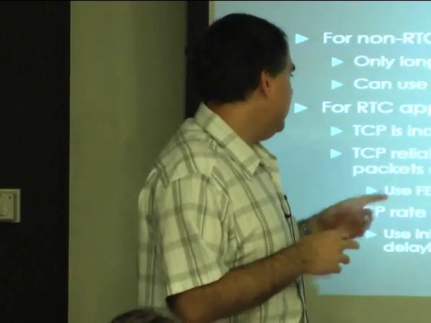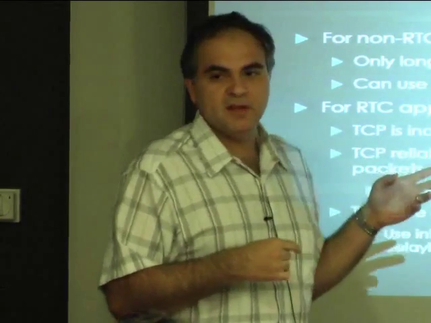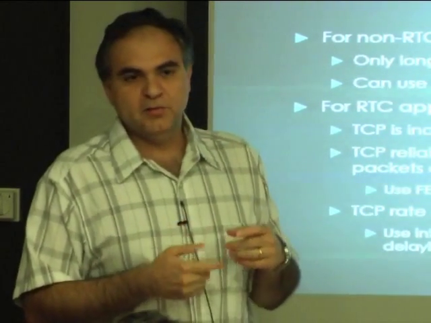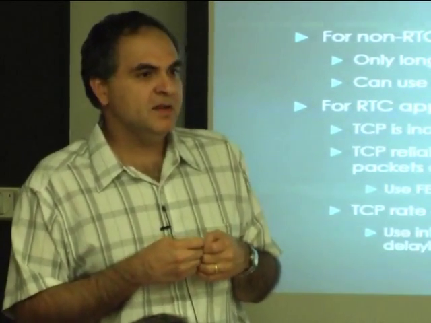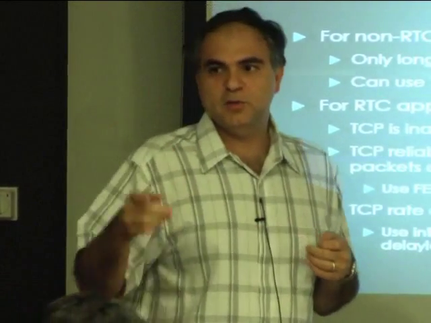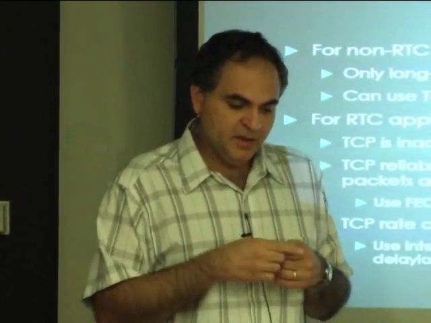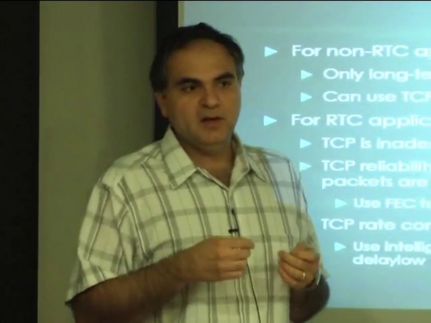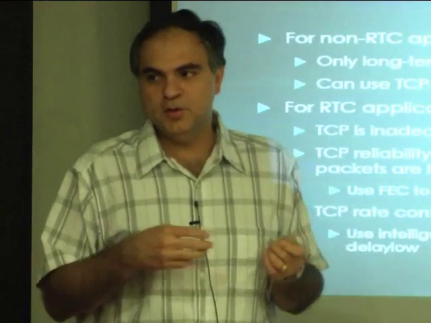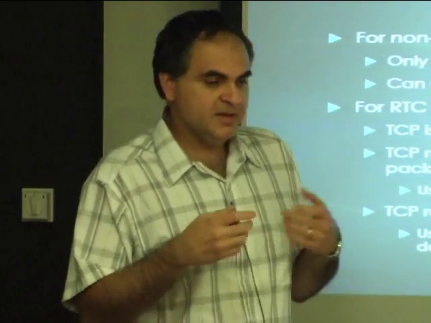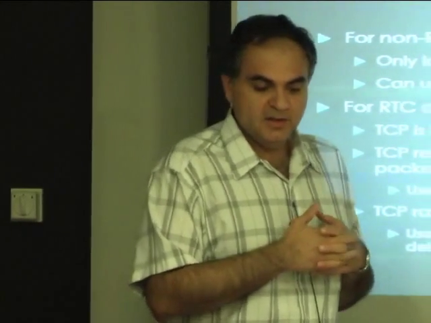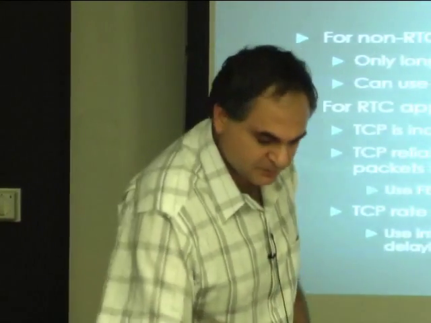The main reason is two things. TCP relies solely on retransmissions for recovering from lost packets, and this adds long delay. The other reason is that TCP's congestion control builds up long queues, and this causes additional queuing delay that's detrimental.